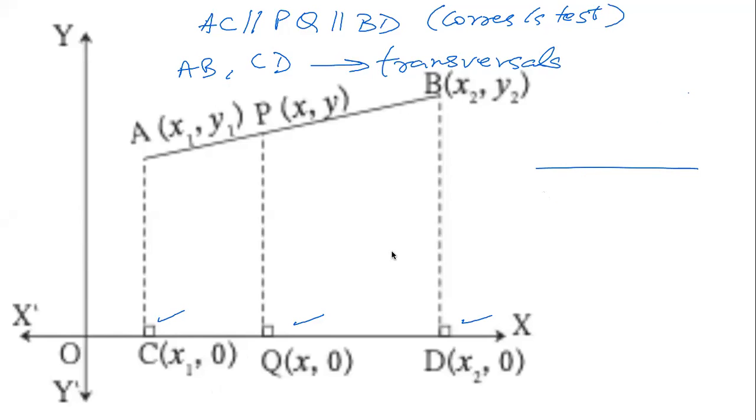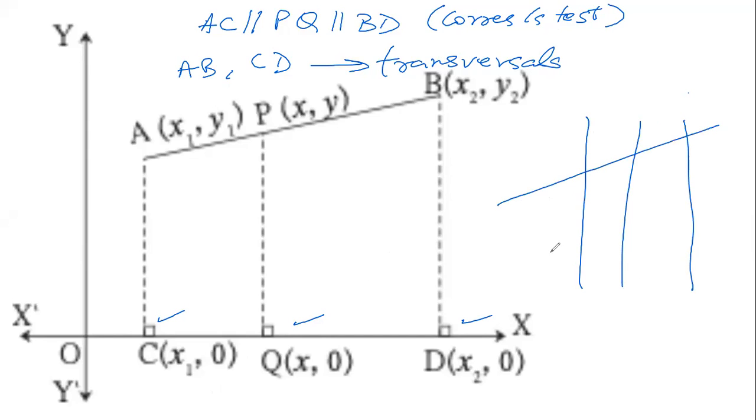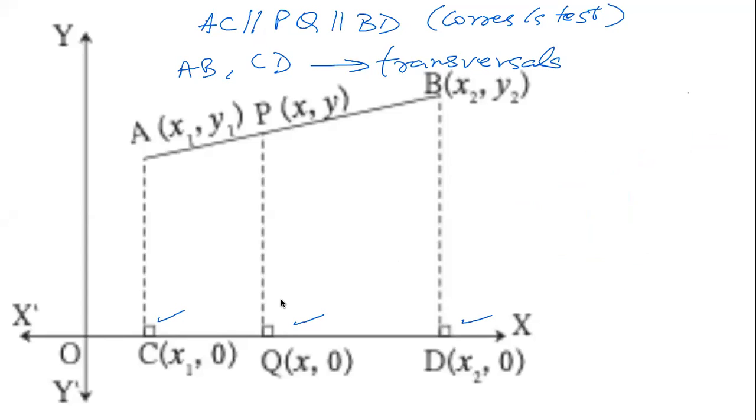Now we have the parallel lines which are vertical, and the transversals are like this. That is what has happened, nothing else. So the logic will still apply, that the intercepts will be in the same ratio. Now let us first identify the intercepts.